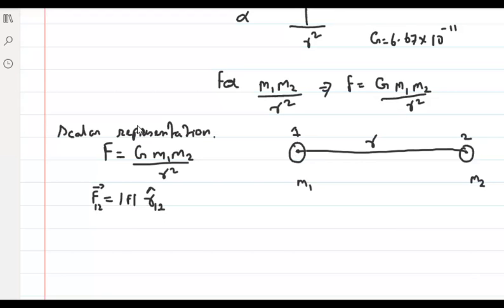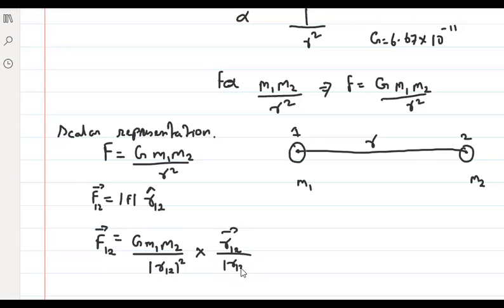Easy? So think about it. I'll just rewrite it. F12 is equal to G m1 m2 by magnitude of r12 whole square into r12 cap. Can I write r12 cap as r12 vector by mod of r12?